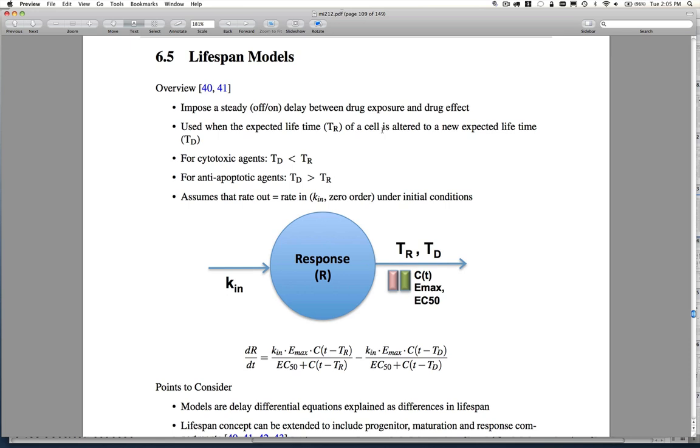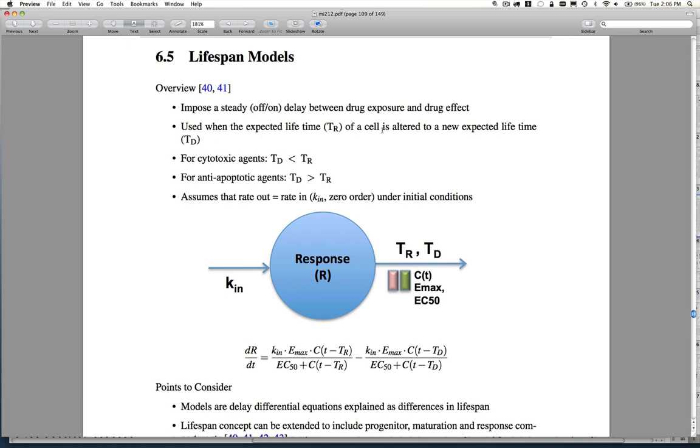And then we also discussed ways of delaying effects, and that was done through the use of the transit compartment models. Another way that I wanted to make everyone aware of, that has been done and can be done to represent these delays in response, is through what's been termed lifespan models.